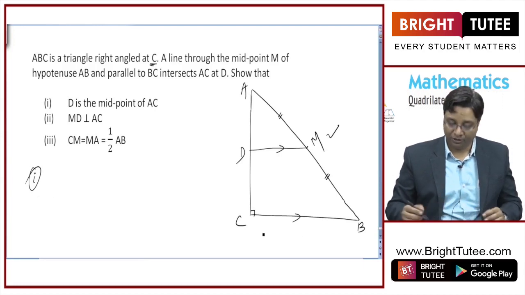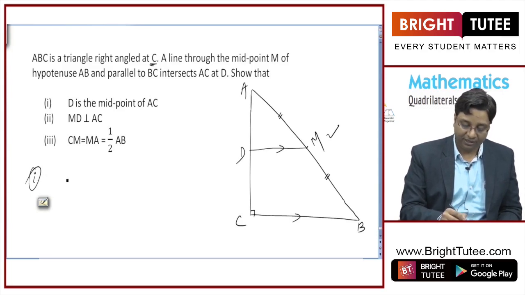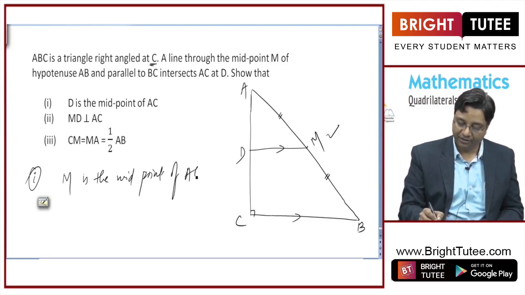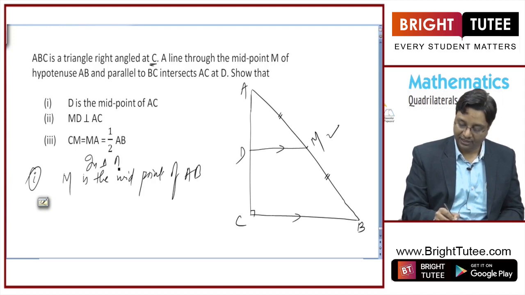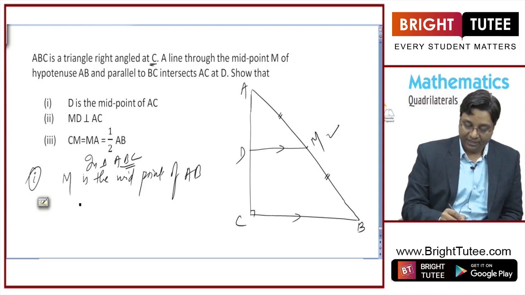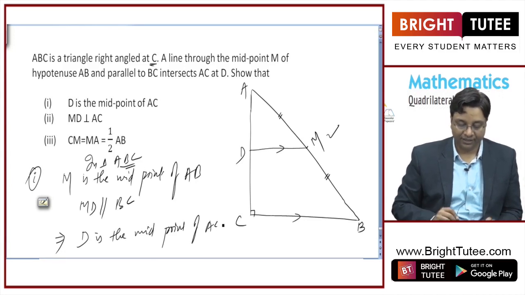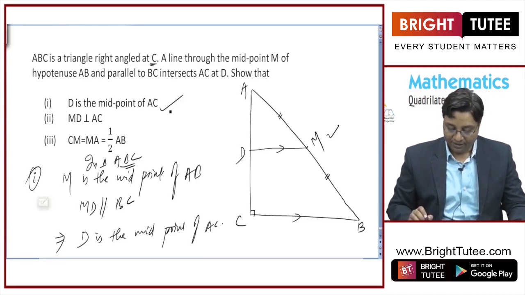So by the converse of the midpoint theorem, D is the midpoint of AC. To prove it, you start with triangle ABC: M is the midpoint of AB and MD is parallel to BC. Hence, by the converse of the midpoint theorem, D is the midpoint of AC. First part is done, right?